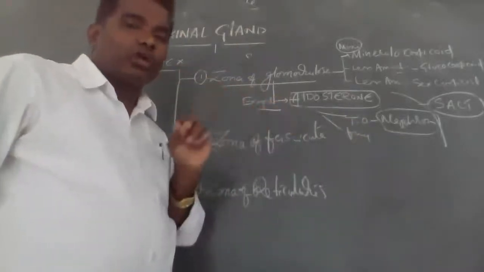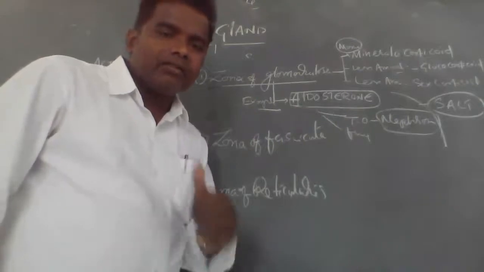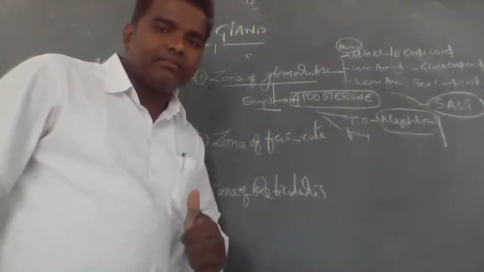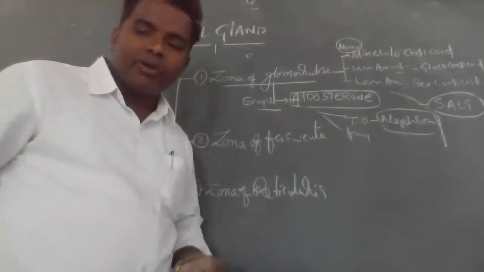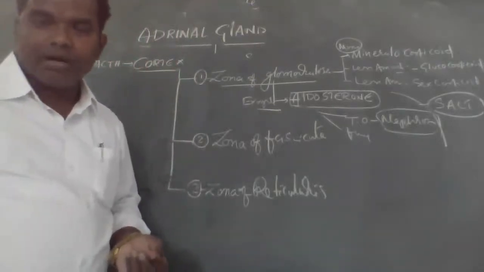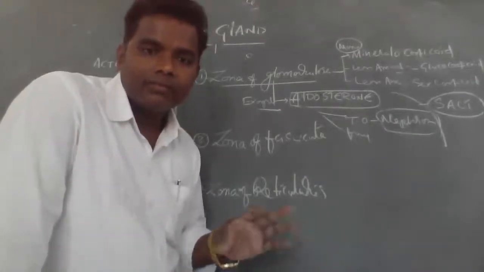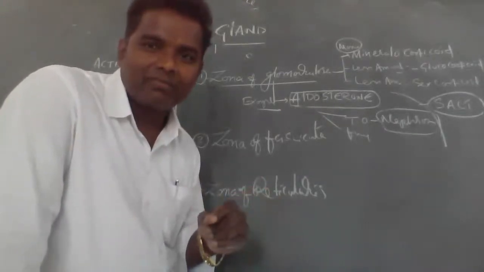That means it is responsible for the formation of urine by absorption of sodium, chloride and water. That's why aldosterone maintains the balance of salts in the body. Clear?